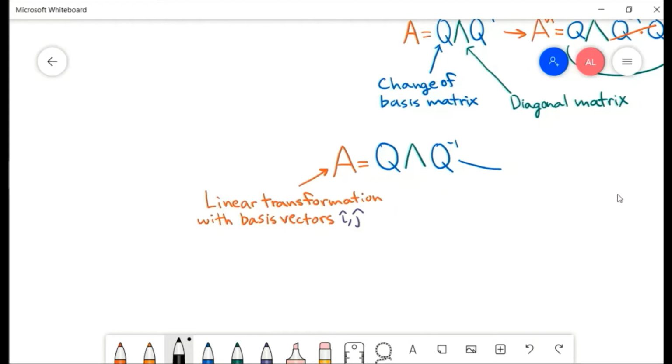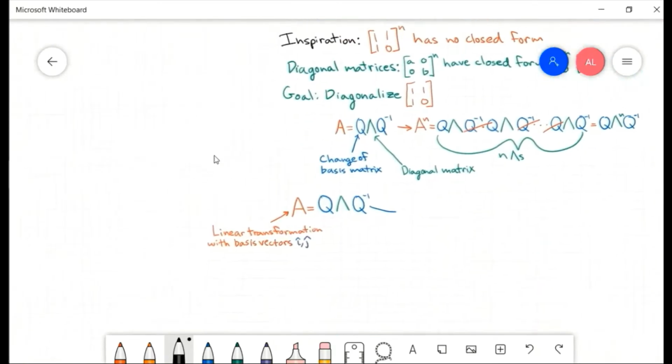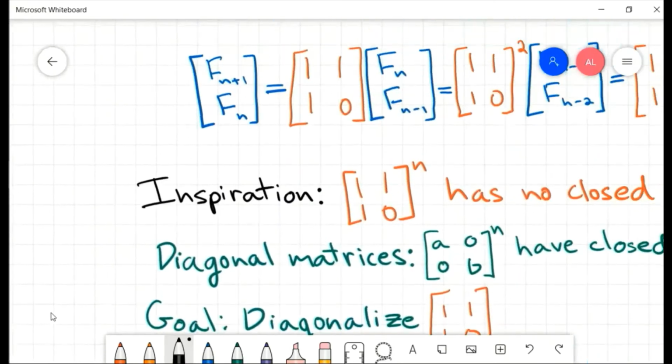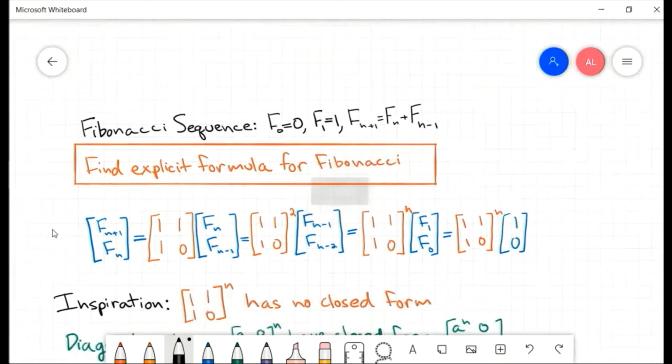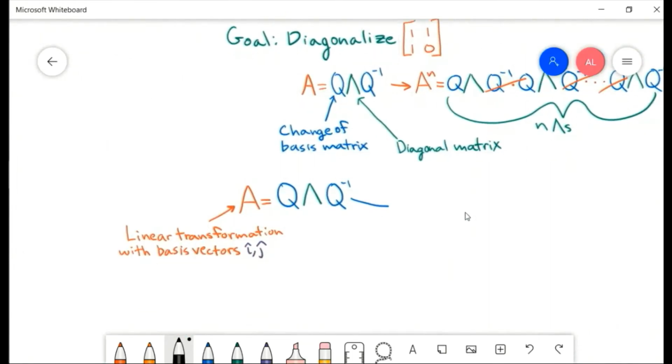I mentioned that this whole process works for general recursions, for instance when there are 3 terms being added together in the Fibonacci sequence. We can have I hat, J hat, K hat, for instance. And then the Q inverse is a change of basis matrix. It changes from our basis vectors to different basis vectors.